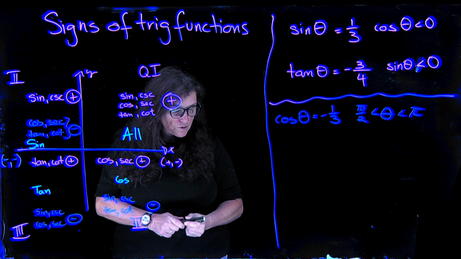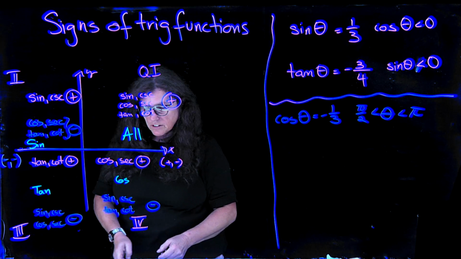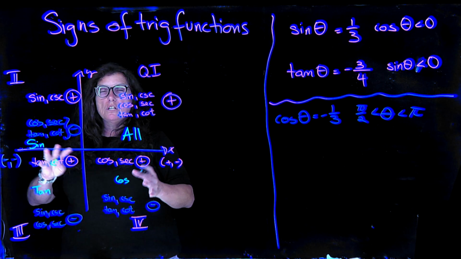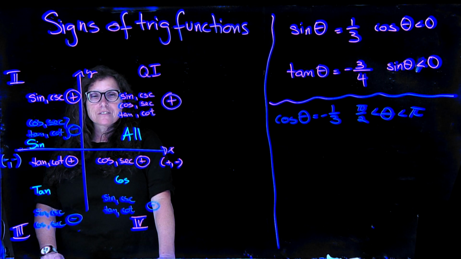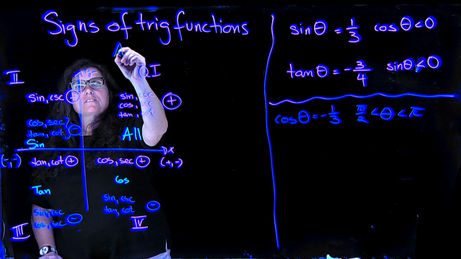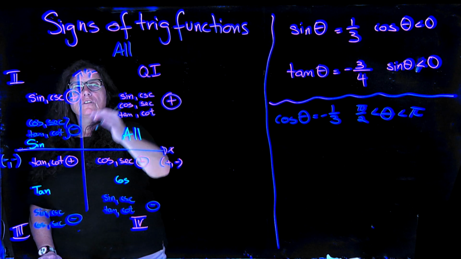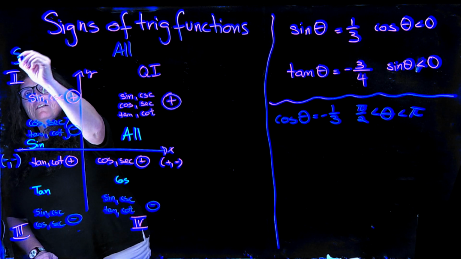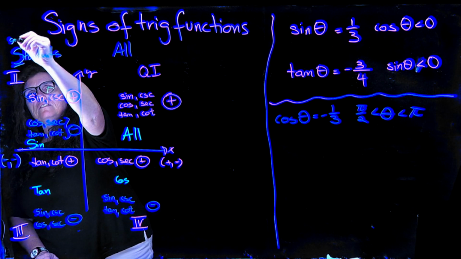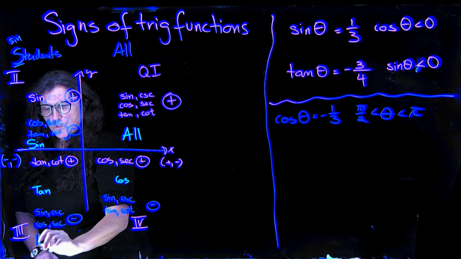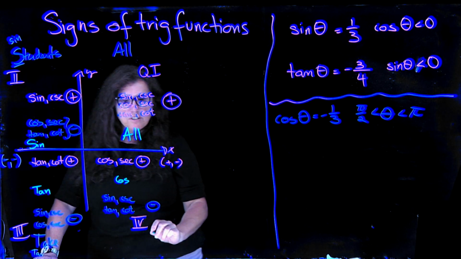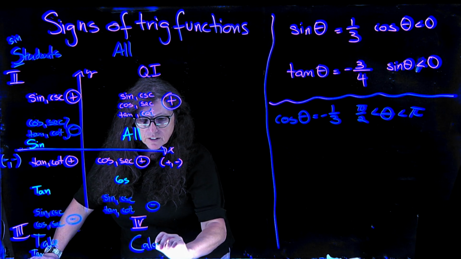Now, where am I going with this? There's a little mnemonic where you can memorize, hopefully, which trig function is positive in which quadrant. So let me just write this out. All in quadrant 1, S, all students, S for sine, T for take or tangent, all students take C for calculus.